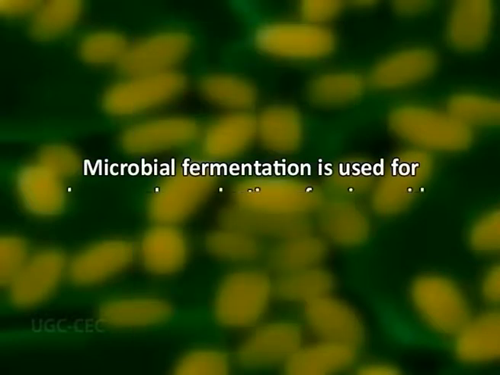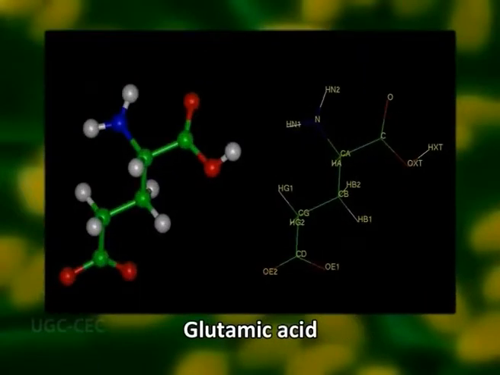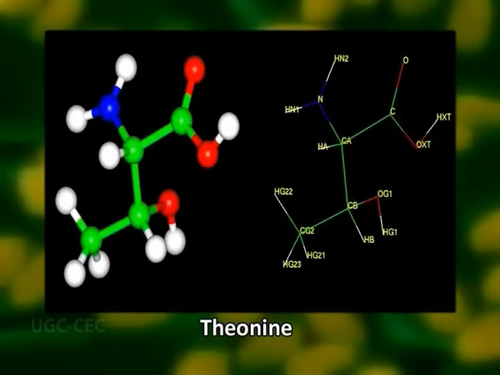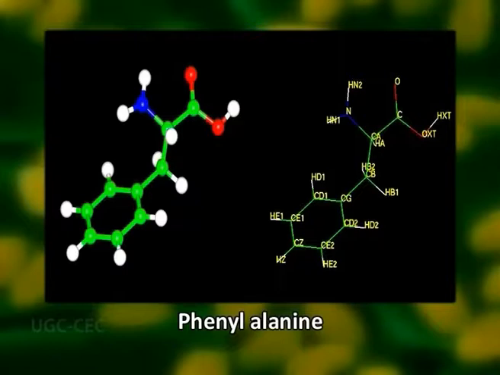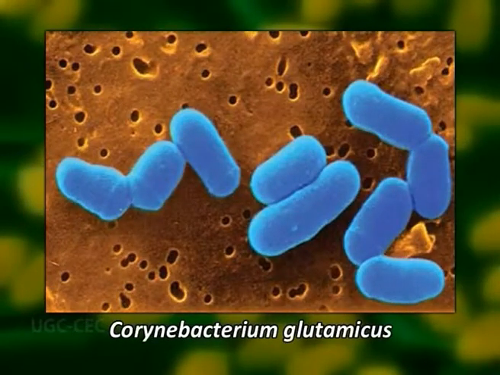Microbial fermentation is used for large scale production of amino acids such as glutamic acid, tryptophan, lysine, threonine, phenylalanine and other amino acids, employing a wide range of bacteria such as Micrococcus, Brevibacterium, Corynebacterium glutamicus, etc. These amino acids are L-form and are thus biologically active.